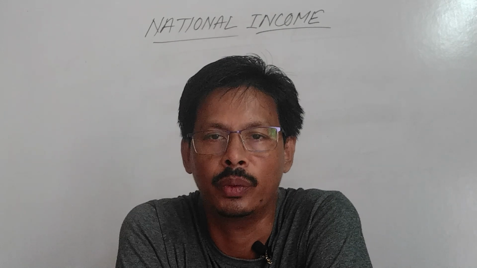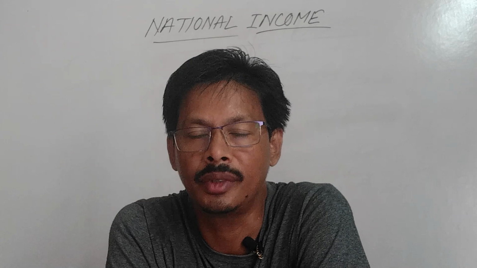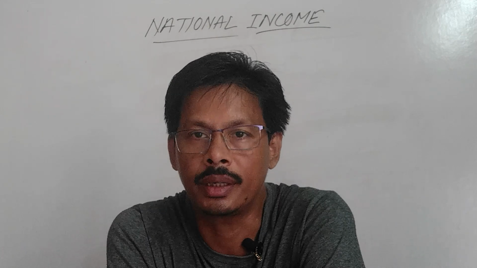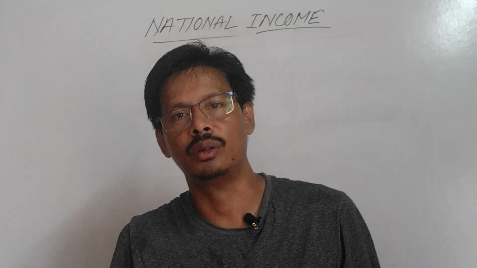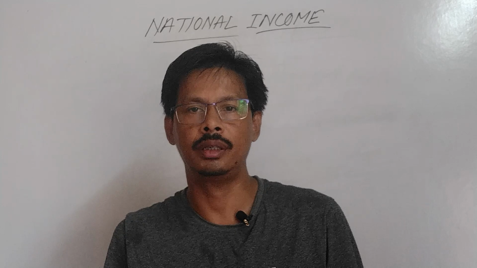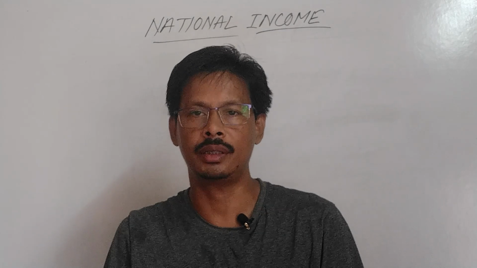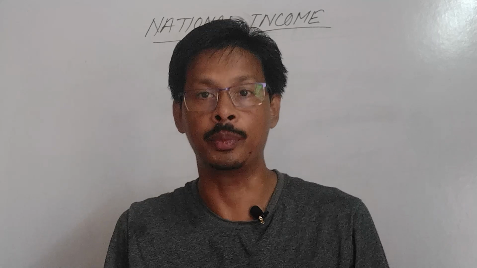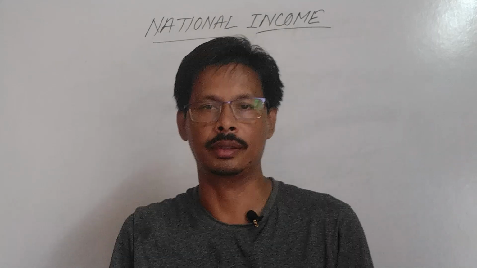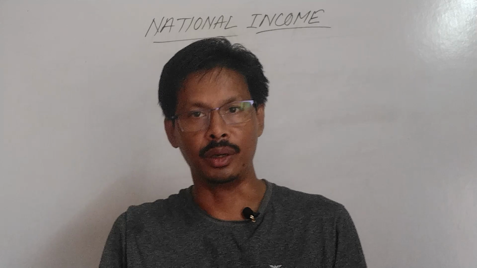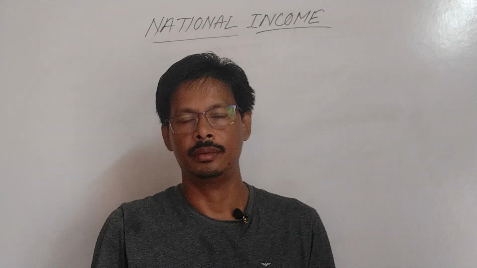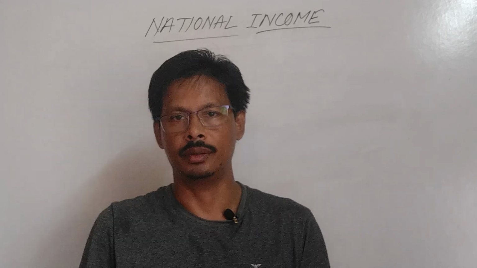That is the reason when we take the term nation, it includes all peoples who are residing, they may be citizens or non-citizens of the country, residing within the boundary of the country, and the peoples who are residing abroad, though they are citizens, but working abroad.